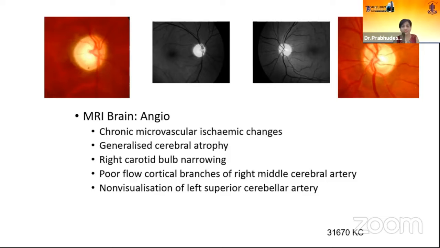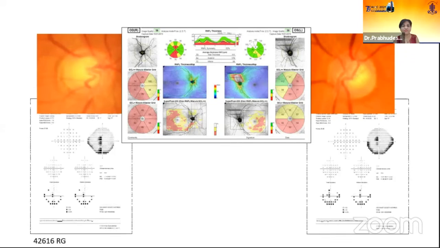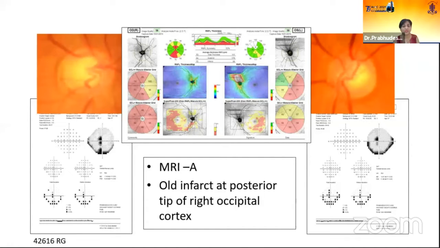So something else other than glaucoma also can be diagnosed on OCT. Another patient was on multiple drugs for 12 years and he had field defects like this. This is not a typical glaucoma defect. So we advised MRI, and the patient had an old infarct in the posterior tip of the right occipital cortex. So all these things can be diagnosed and managed with the help of OCT.